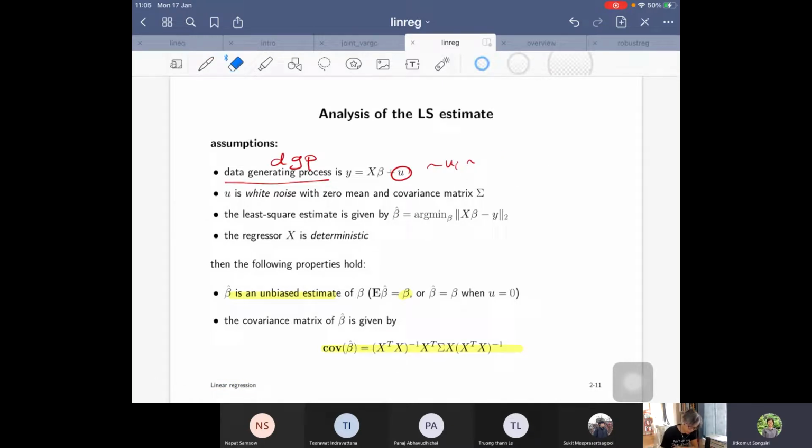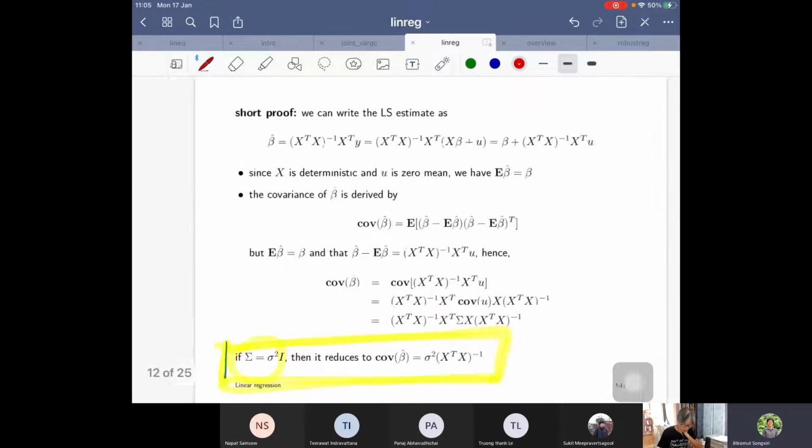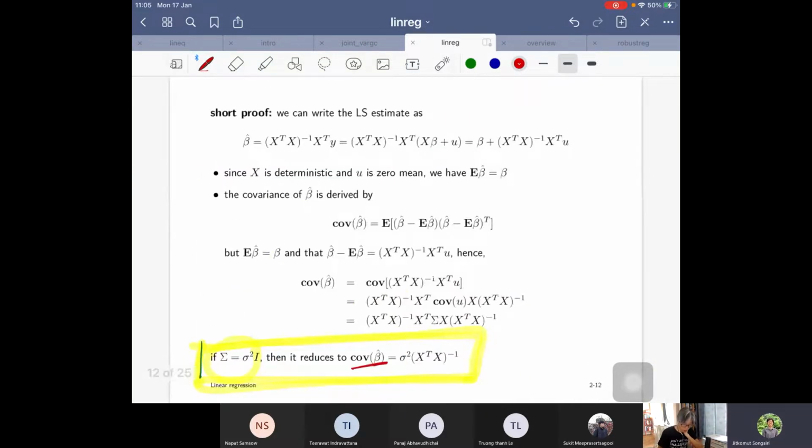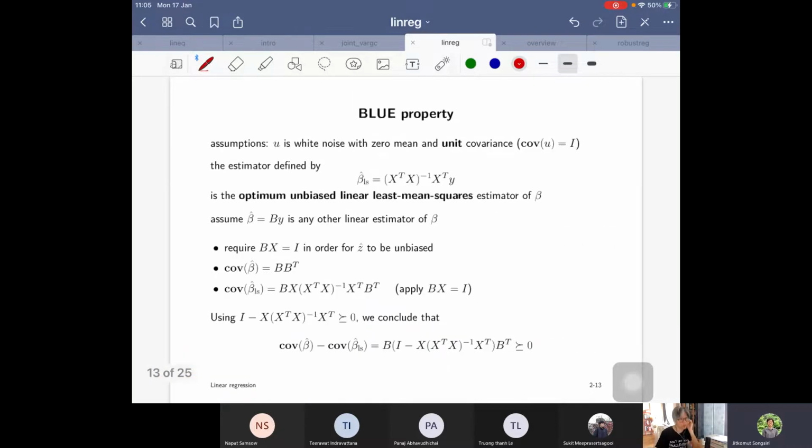Under this assumption, we can show that the covariance of beta hat is sigma square times (X transpose X) inverse. There was a derivation last time, please review.